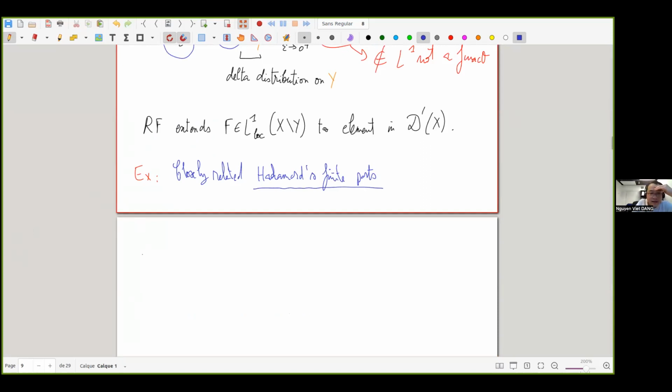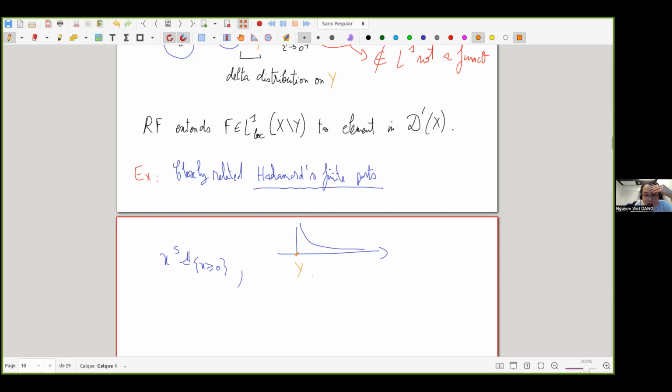The simplest example of this theorem: you just consider x to the power s times the indicator function of x greater or equal to 0. This is a function supported on the half line, and you have your exponent s, and the submanifold Y here is just the origin.